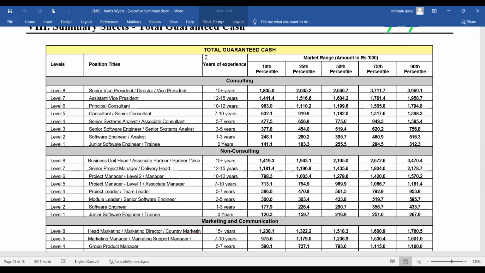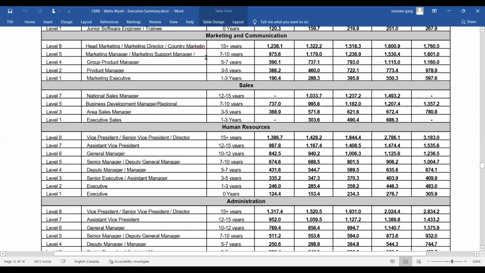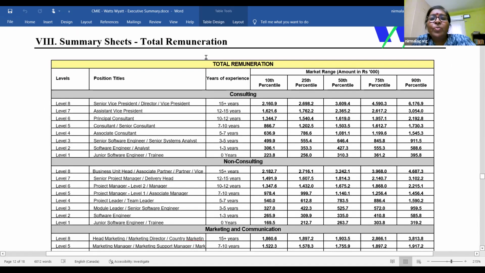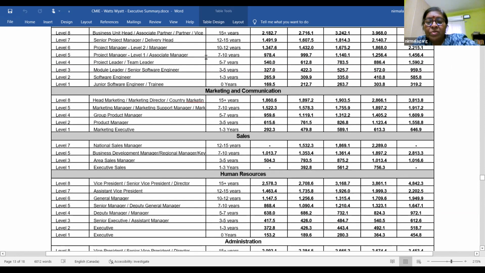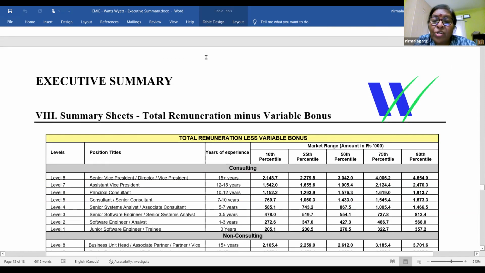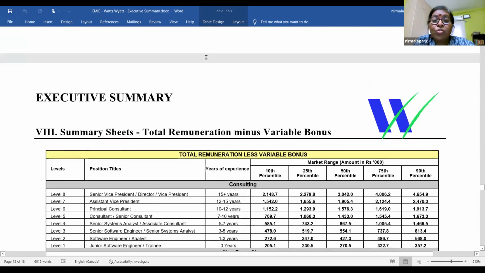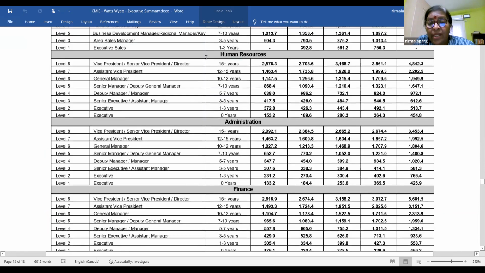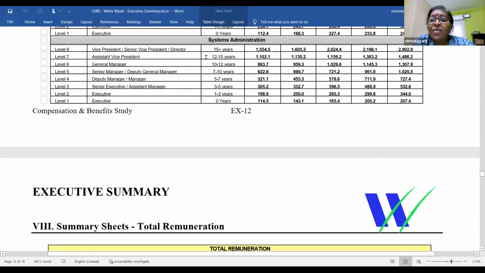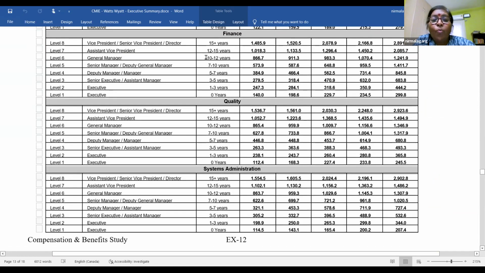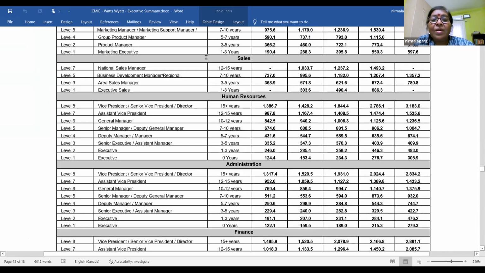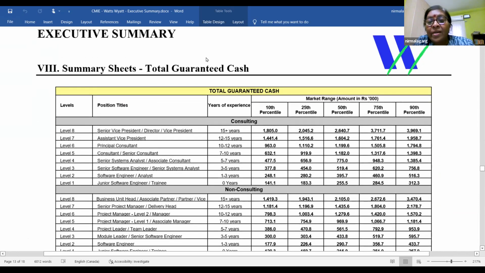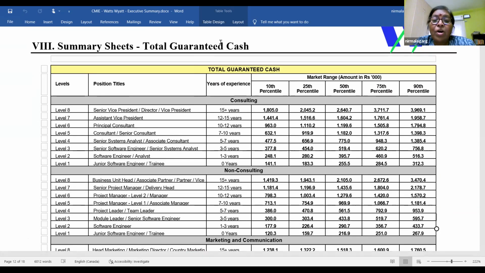Yes. It could be total guaranteed cash, or sometimes total remuneration, or total remuneration less variable bonus. So when you're reading your data, you have to be very clear about what it includes, because the report will clearly say that total guaranteed cash will include base salary plus any other cash salary.